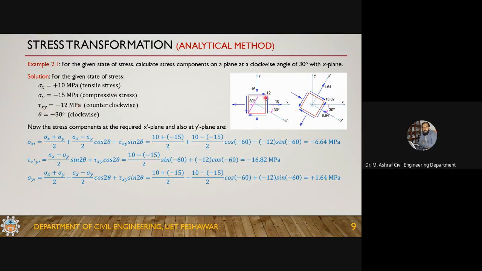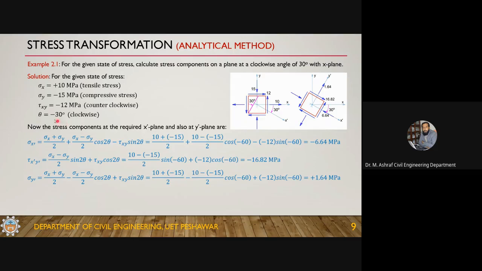On the x plane, the stress is producing a counterclockwise effect, so that's why it is given the negative sign. It is important: if you just plug in a positive value, everything is gone and you will get a wrong result. So you must plug in a negative value correspondingly, since it is producing a counterclockwise effect.